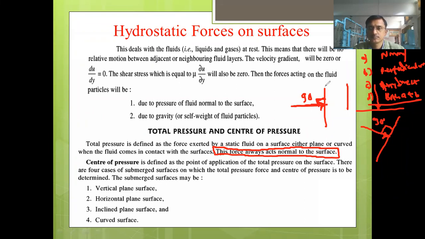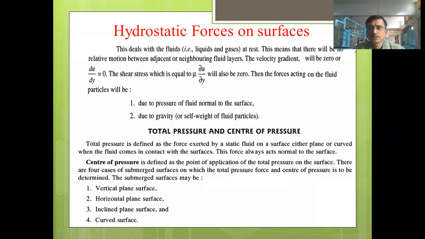Both A and B, sir, normal and perpendicular. Correct. So Kekan has given the right answer. The answer will be both A and B, because normal and perpendicular have the same meaning. Sometimes people select only one option, sometimes the other, but both have the same meaning. That's why option D can be selected here.